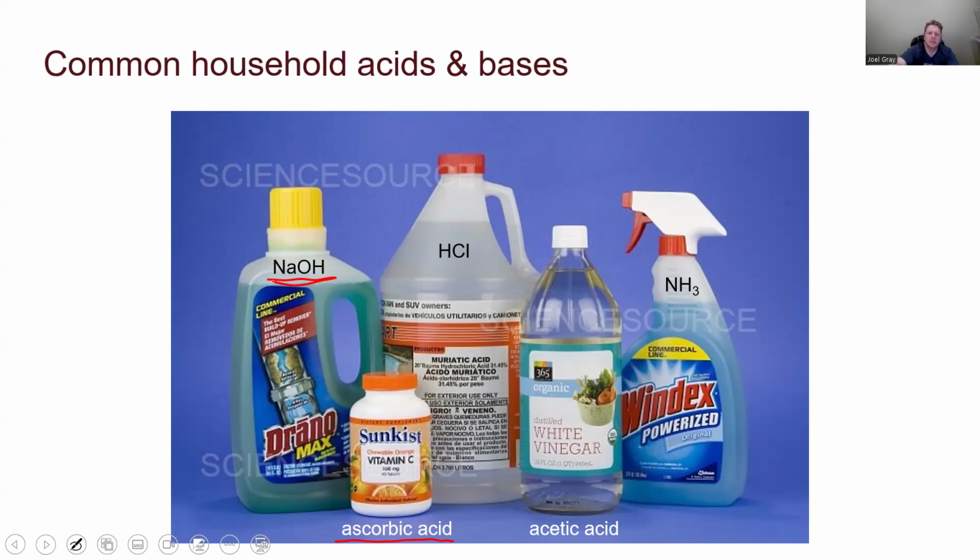That slick, slippery sensation is what you typically feel whenever you're exposed to a basic environment, a base. So my point is that if someone has a pool and they have not adjusted the pH, then it's going to have a basic pH, and so then they have to counteract that by adding HCl.